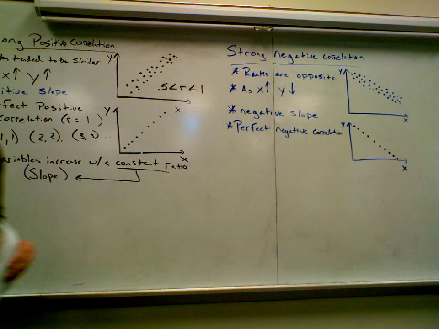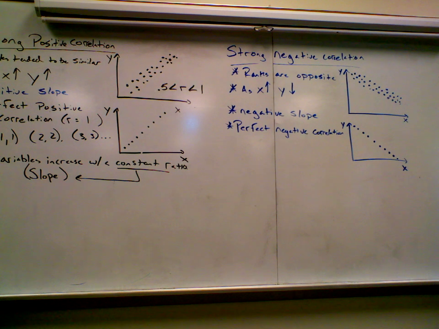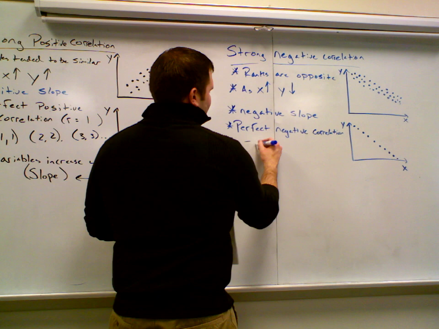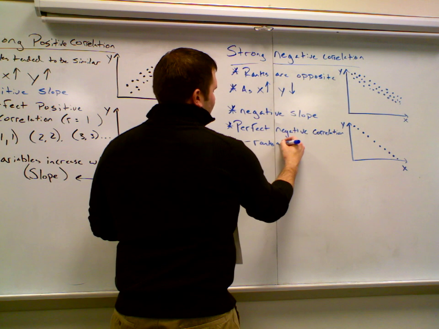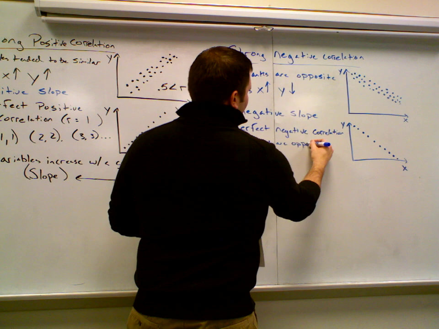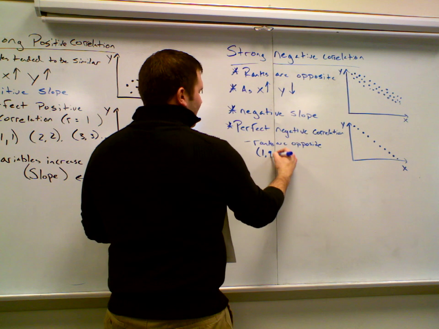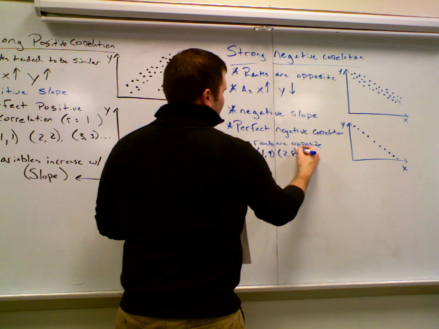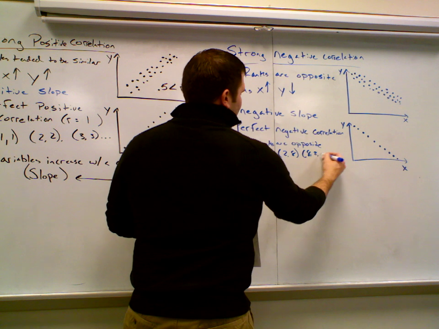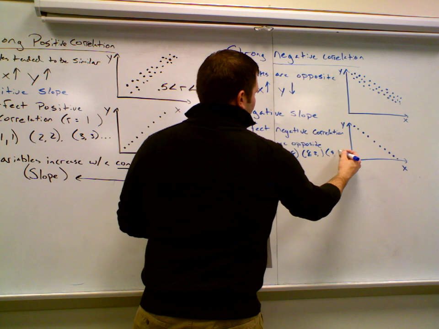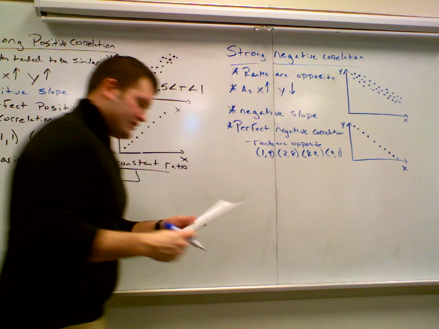Focus on math here. Perfect negative correlation, right? That's what that's an example of. And in this one, the ranks are opposite. So for our music ranking example, it'd be 1 and 9, 2 and 8, 8 and 2, 9 and 1. I think that makes sense.